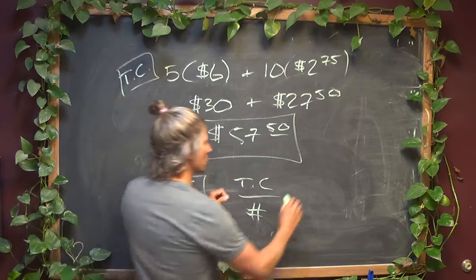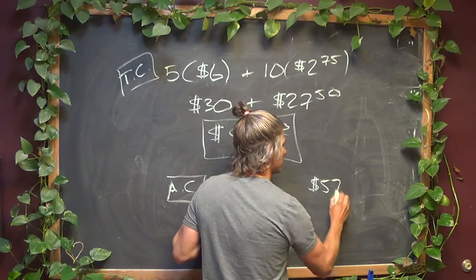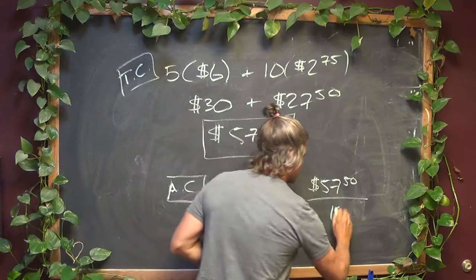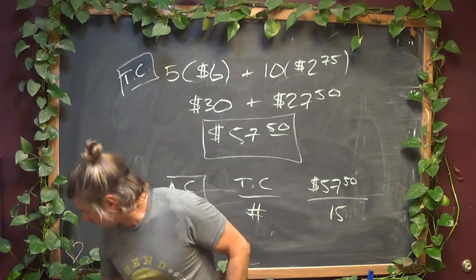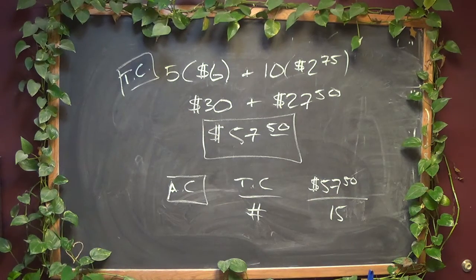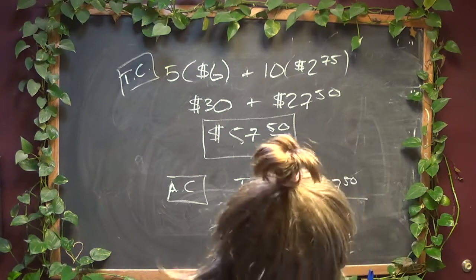So we're going to take the total cost, which is $57.50, and we're going to divide it by the number of flies, which in this case is 15. This is going to be somewhere right around $4, but I'm going to get a better answer by using a calculator. 57.50, is that what we said it was? Yep.